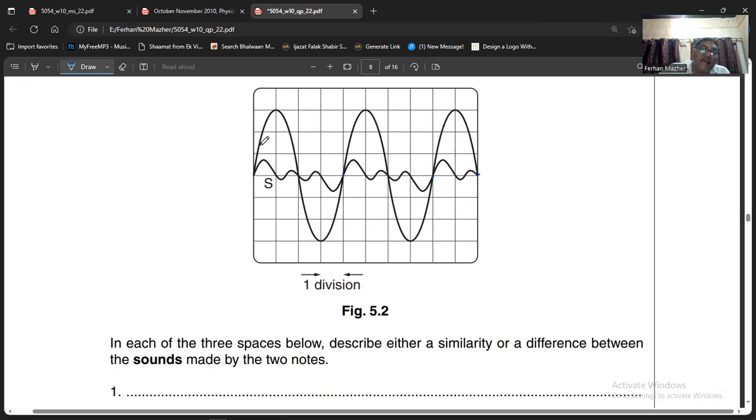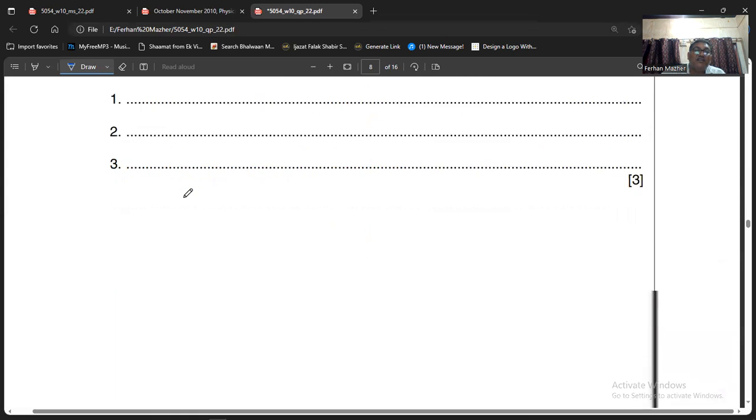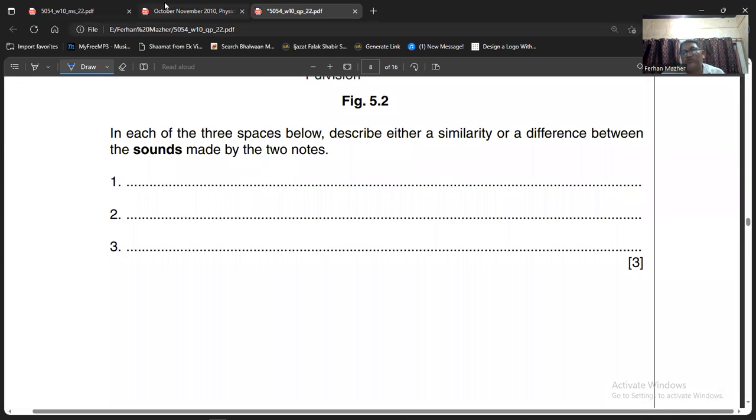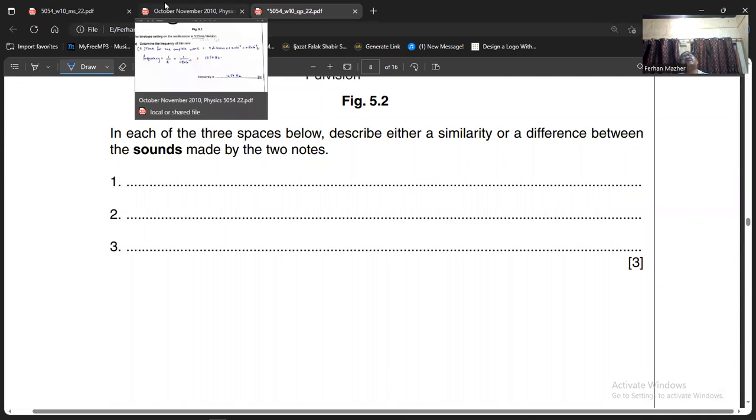You can see that the amplitude of the first wave is higher and the amplitude of the second wave is less. So I can write here two similarities. One similarity is they have the same time period. The other similarity is that they both have the same frequency, and the one difference between them will be that they have different amplitudes. Okay, the wave S has less amplitude.